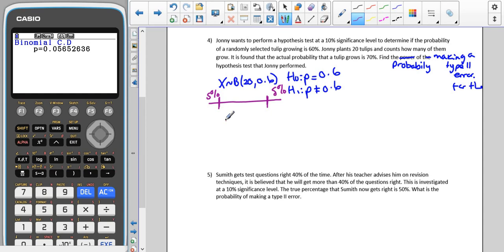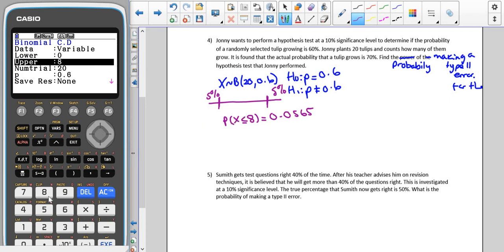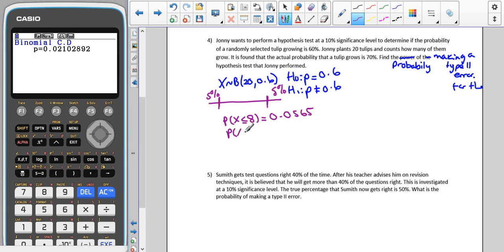So the probability that x is less than or equal to 8 gave me 0.0565. So that was quite a good guess to start off with. That isn't small enough though, so I need to try a smaller number. So instead, we're going to try less than or equal to 7, which gives me the probability of x being less than or equal to 7 of 0.0210.